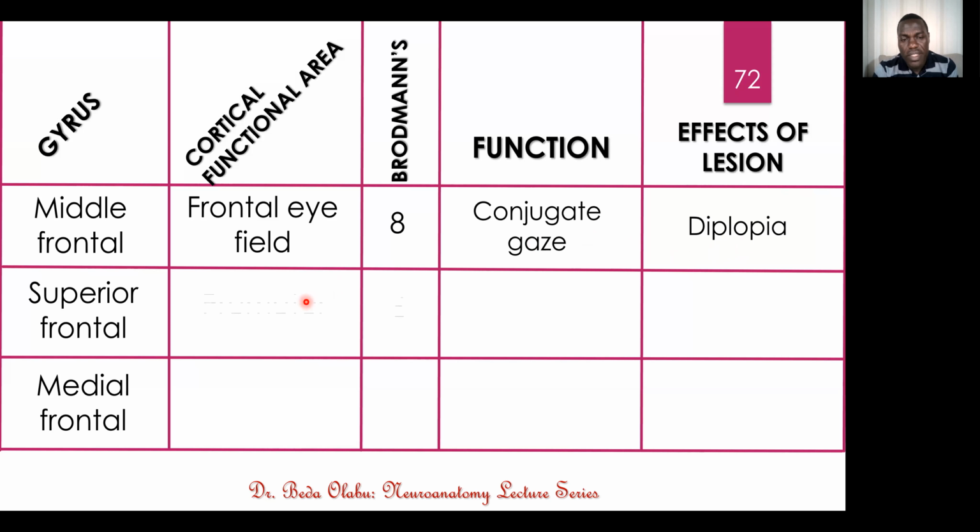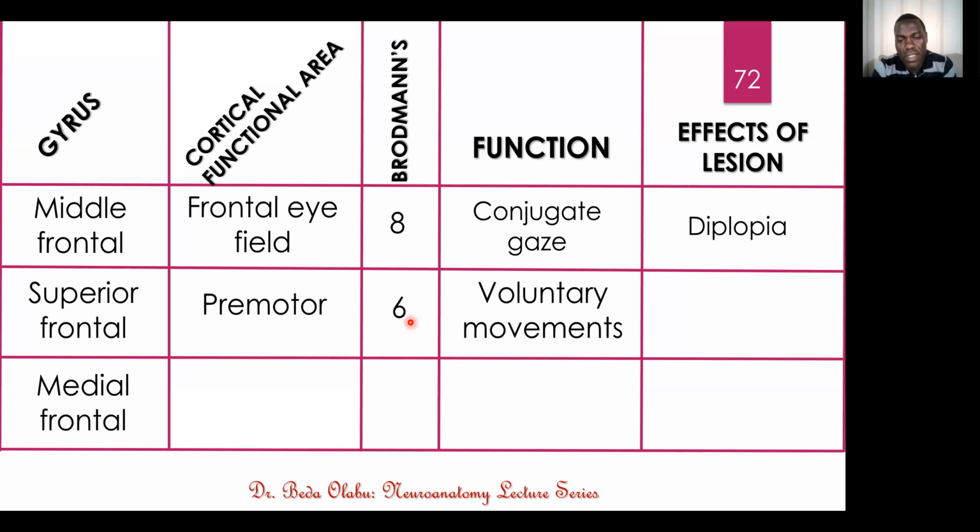Superior frontal gyrus houses a region we're calling the pre-motor cortex. This is Brodmann's area number 6. The pre-motor cortex controls voluntary movements, just like the primary motor cortex.